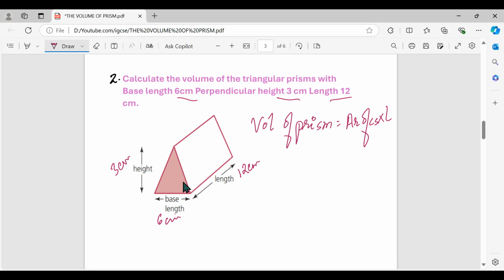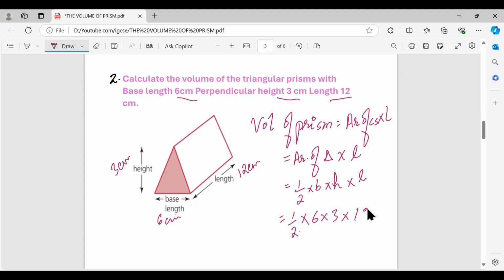Your cross section is a triangle, so you will find the area of the triangle and then multiply by the length. Area of triangle is half base times the perpendicular height, and then the length. Already it's given: base length is 6, height is 3 and the length is 12.